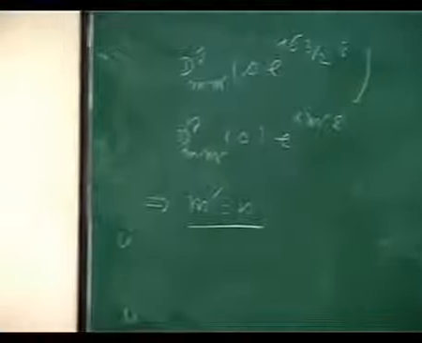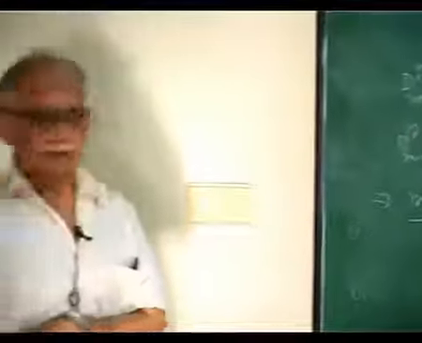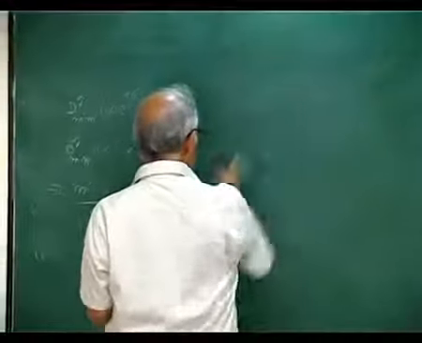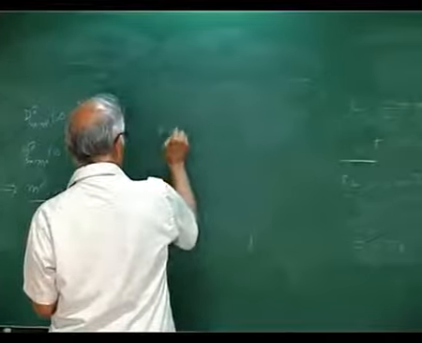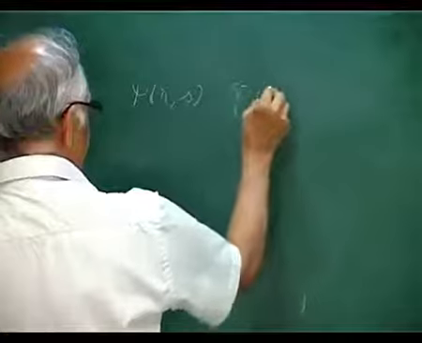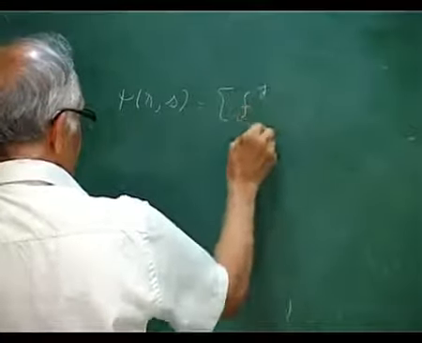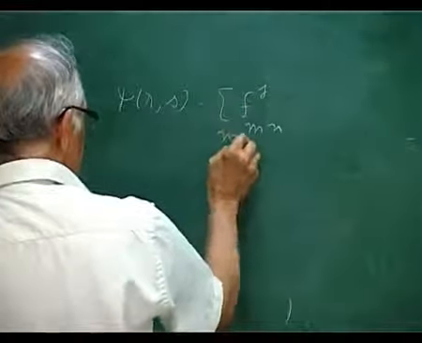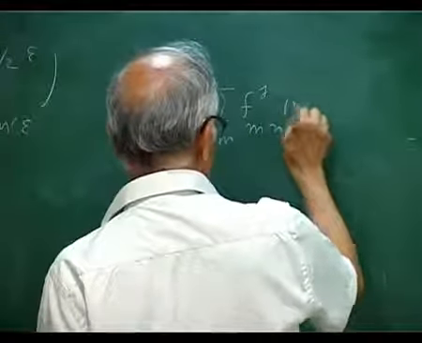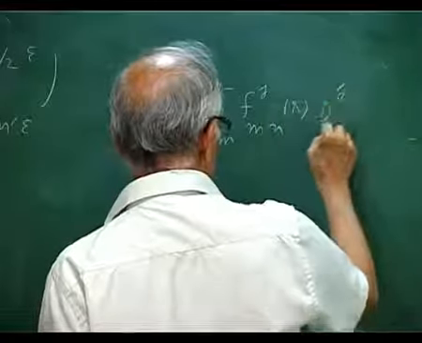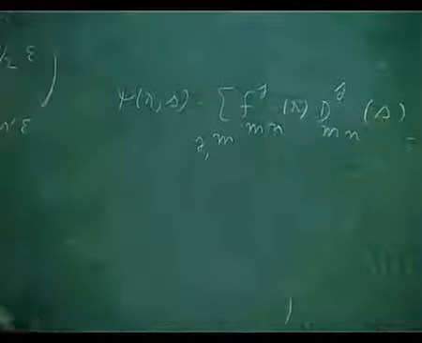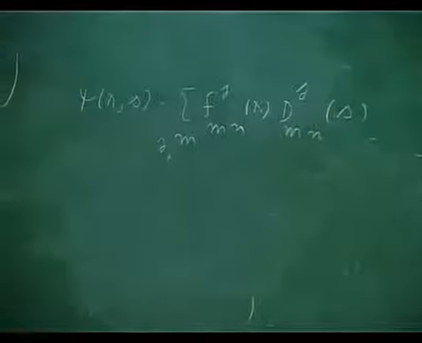Namely, the right angular momentum around the third axis is fixed. So the wave functions psi of r s can be written as f^j_{mn}, but n is fixed, so I am summing over m and j, times this function of r times D^j_{mn}(s).